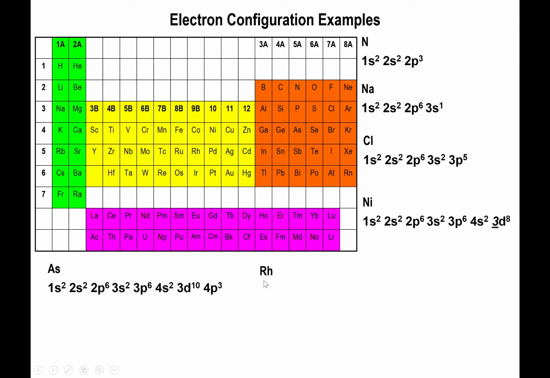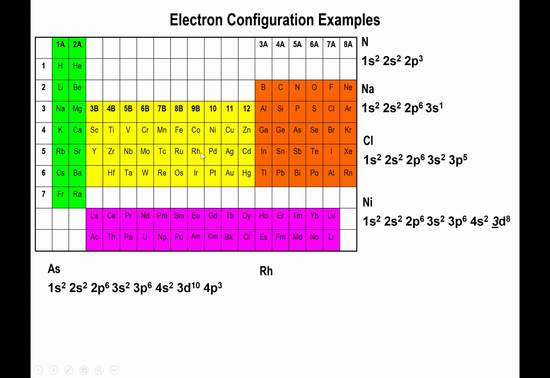Okay, here's another example, rhodium. Okay, we're getting a little bit more funky. Rhodium is on row 5. So basically we do the same thing. We say 1s2, 2s2, 2p6, 3s2, 3p6, 4s2, 3d10, 4p6, 5s2.